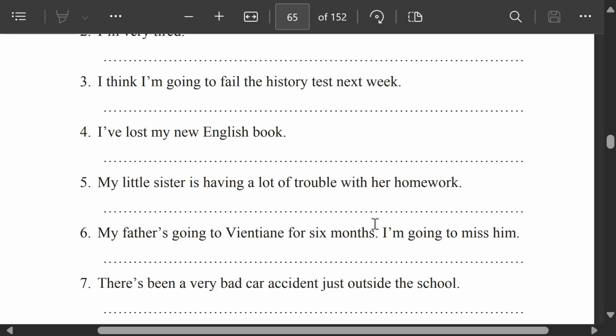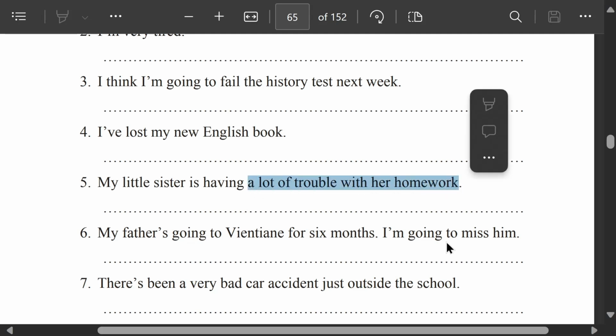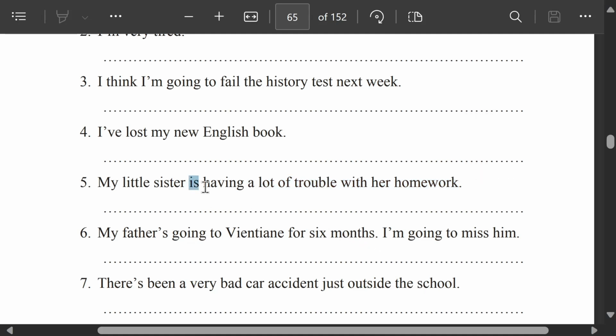And then remember, what is the predicate? Can you show me the predicate? Is having. Yes, the predicate includes the verb. It's everything apart from the subject.